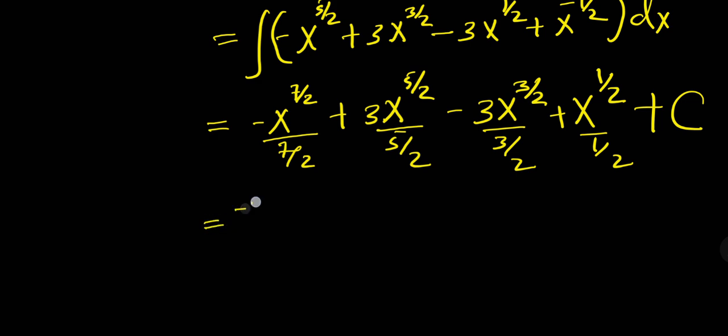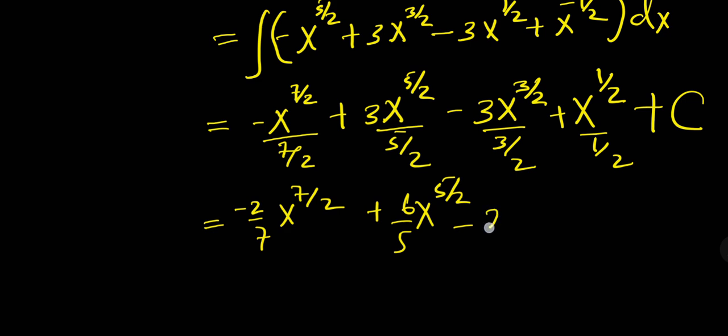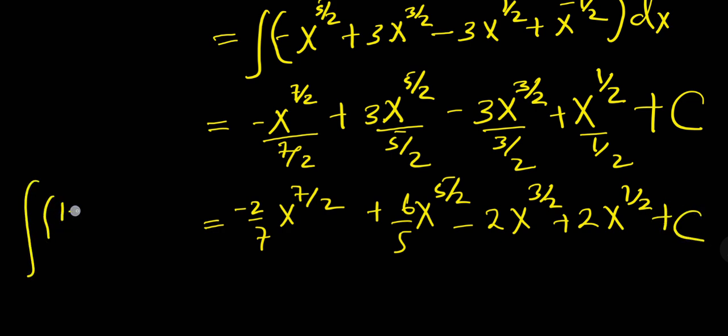Thereafter you simplify, so it will be minus 2 over 7 x power 7 over 2 plus 6 over 5 x power 5 over 2 minus 2 x power 3 over 2 plus 2 x power a half plus c, and that will mark the end of our question.